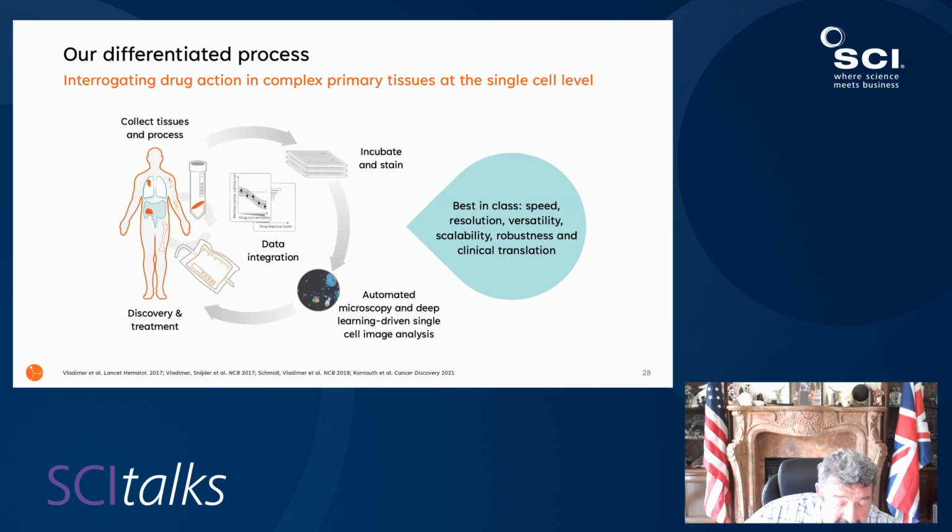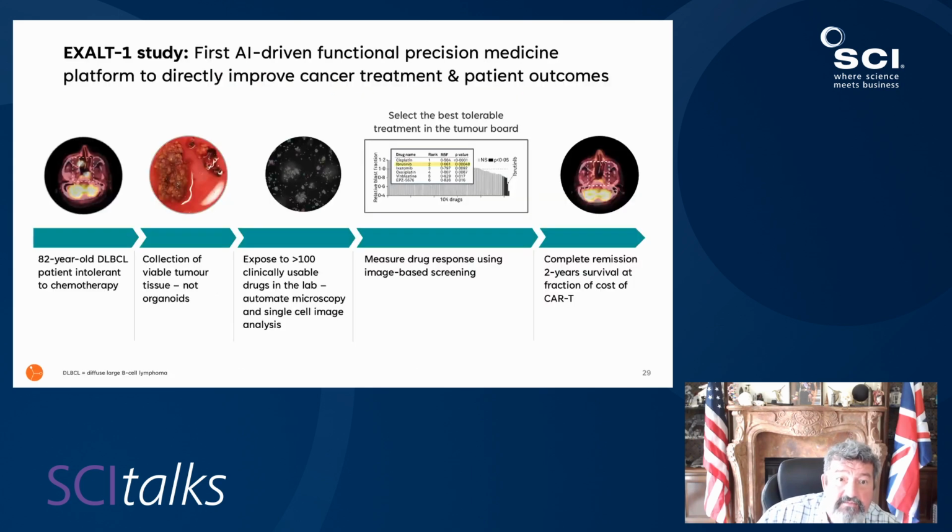We've built a best-in-class automated microscopy and deep learning system, again an AI approach, for single-cell analysis, segmentation, and then measurement of various cell parameters that allow us to uniquely profile the activity of compounds in cells. It's both cell lines, but more importantly against a biobank of patient samples.